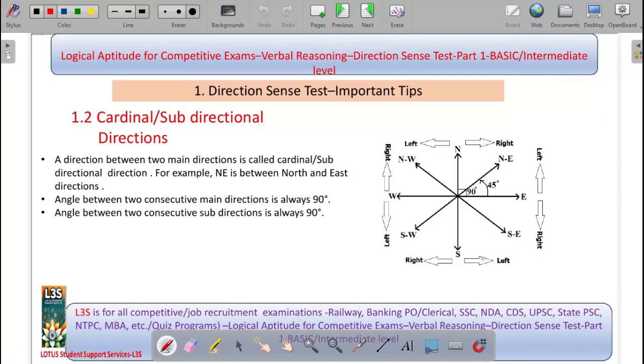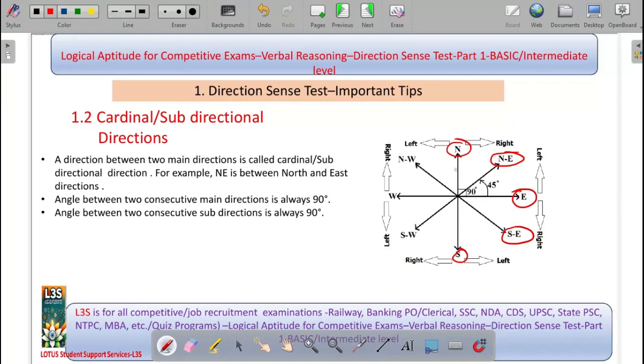It is between the north direction and the east direction. Similarly, southeast direction is between east and south. So the direction in between is called a subdirection, and it lies between two main directions, south and east.